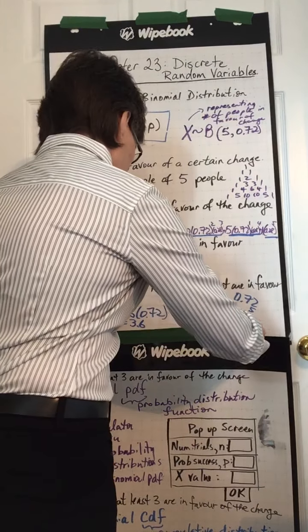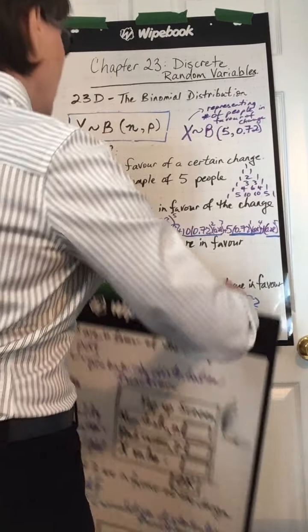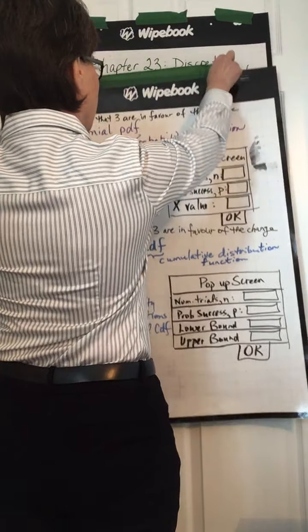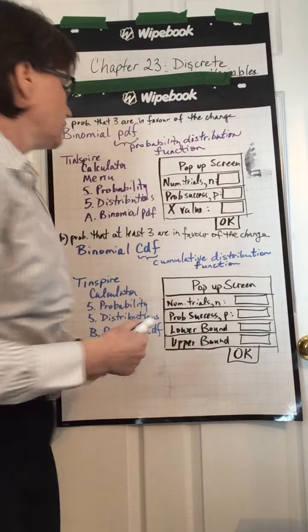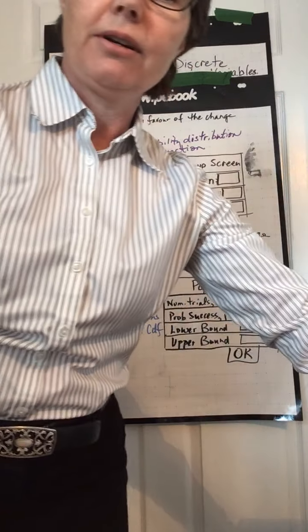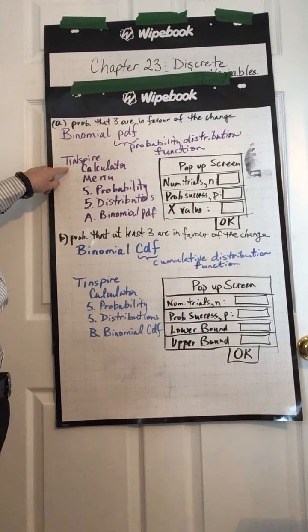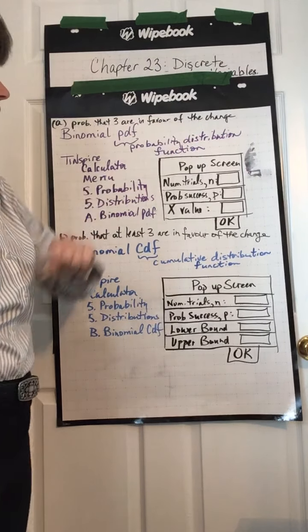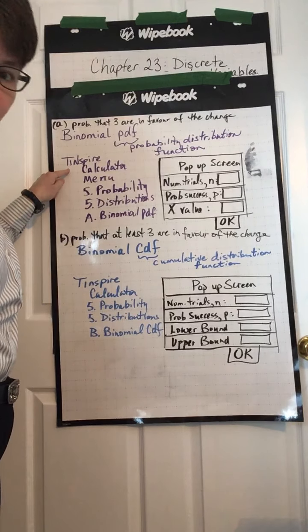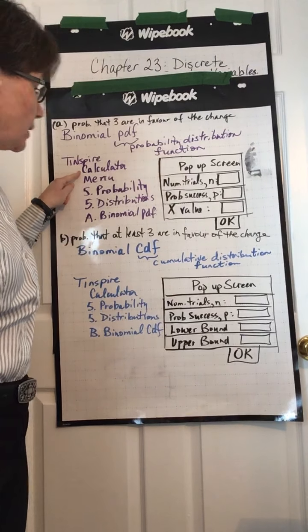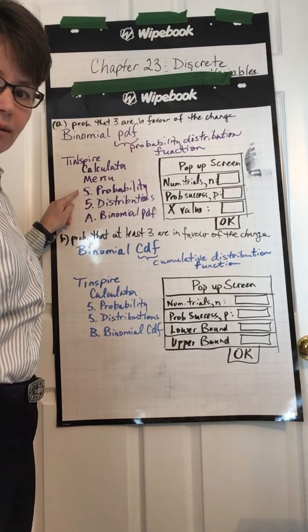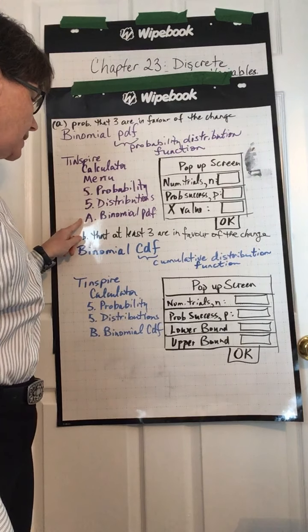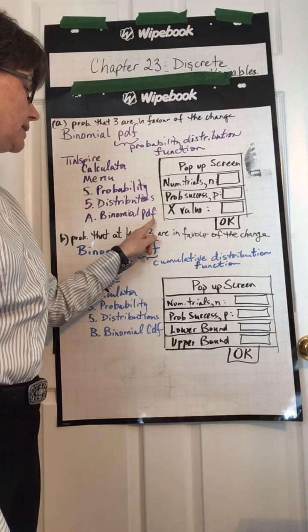Okay, so let's look at our calculator to look at doing it using a calculator. All right, so calculator, we are going to do these steps. For part A, probability that 3 out of 5 are in favor of the change. Go to your TI Inspire, and the calculator part, press menu, then 5 probability, 5 distributions, and A, binomial PDF.